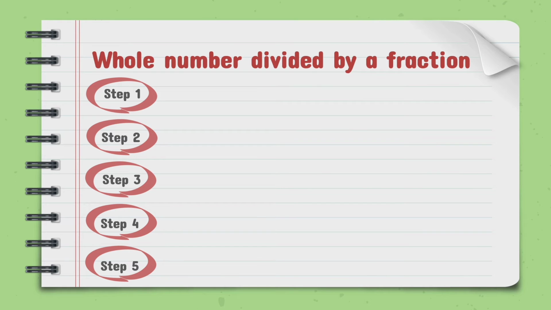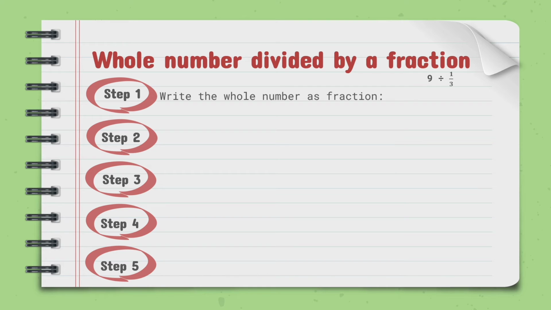Next, whole number divided by a fraction. Step 1, write the whole number as a fraction. So in this example, we have the given 9 divided by 1 over 3. The 9 is the whole number and 1 over 3 is the fraction.